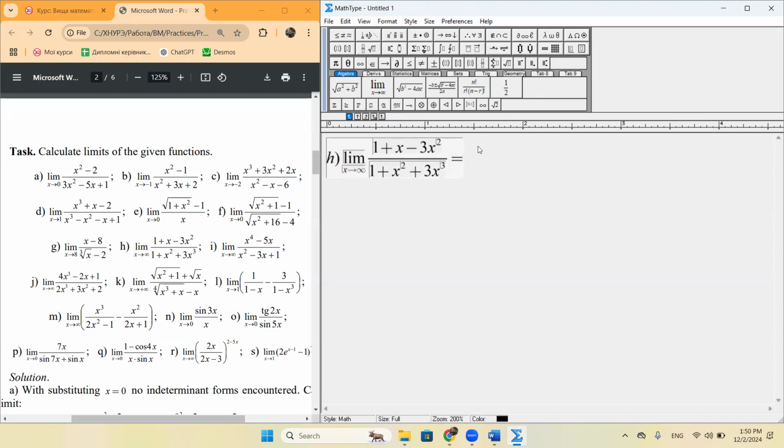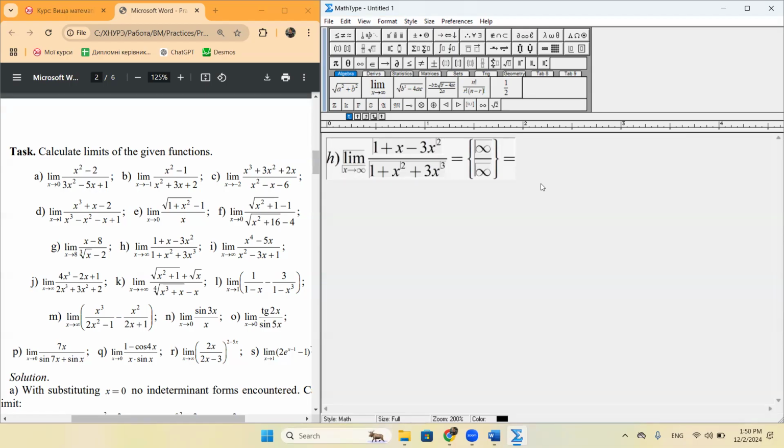If we substitute minus infinity into this expression, we will receive the following indeterminate form, so infinity by infinity. And we generally cannot be sure what it means, because it's indeterminate. How to solve such exercises, so how to eliminate such indeterminate form?